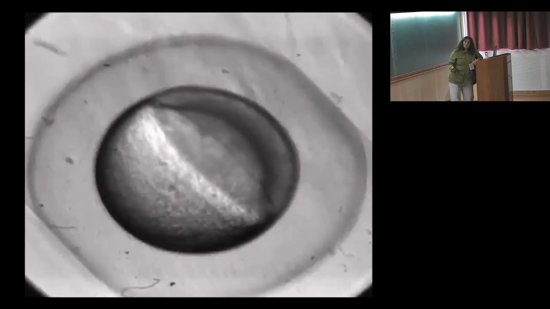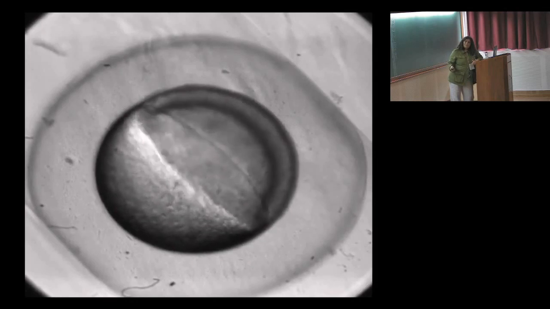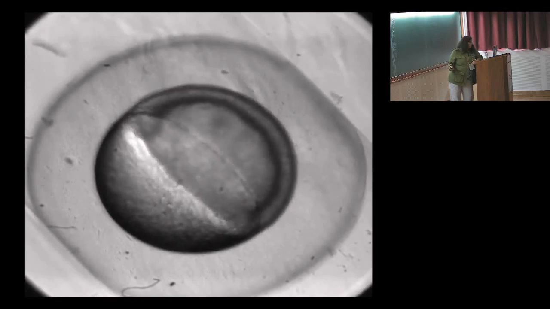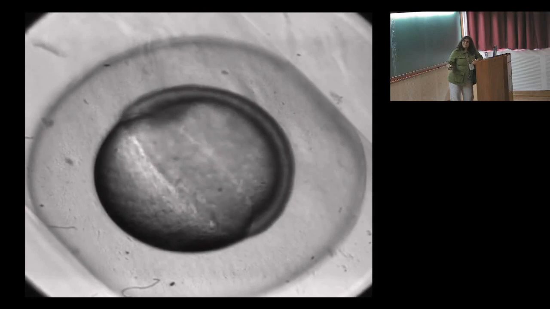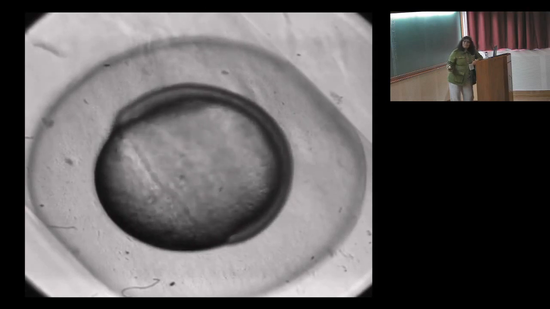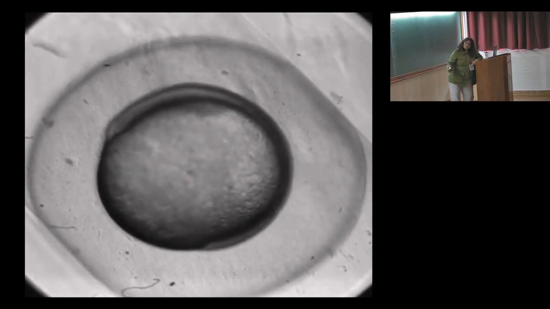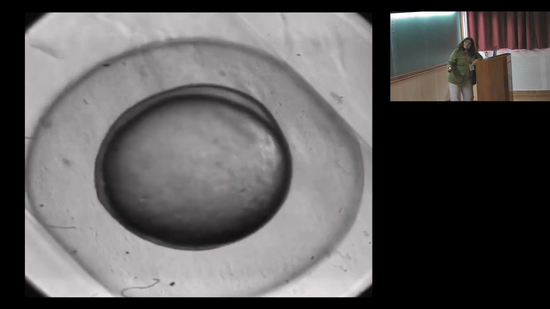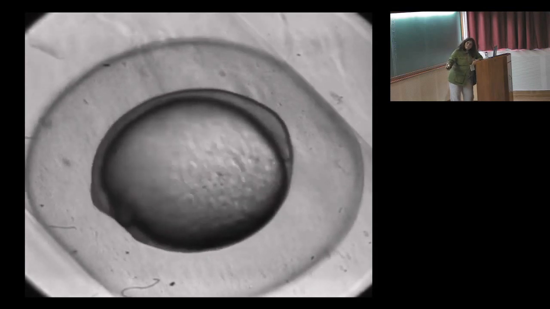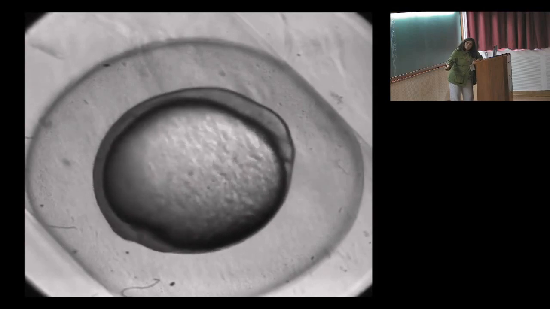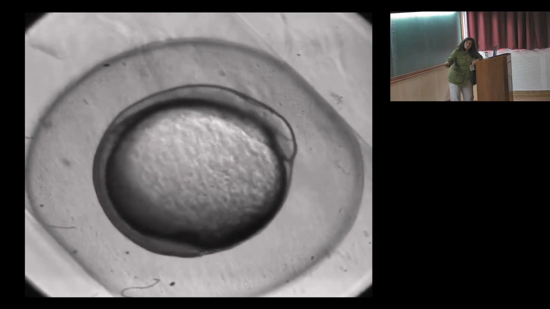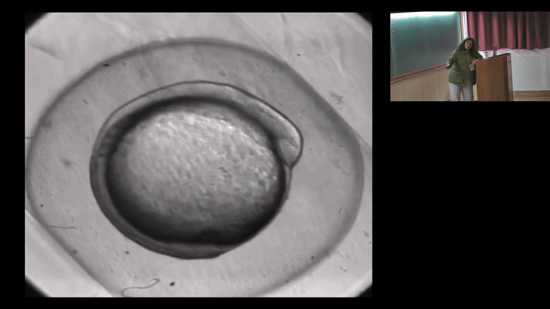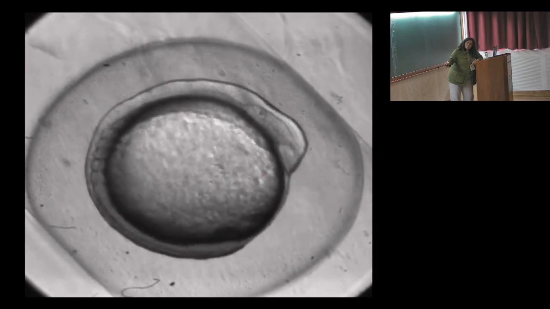This ball of cells then begins to grow over this spherical structure. So you can see that you have cells now covering most of this sphere, and then you will see that the structure that looks like a fish is actually going to form at the edges of this sphere.